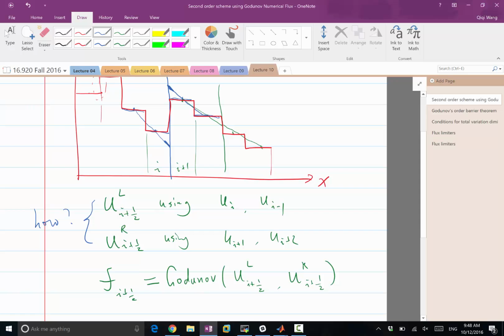Okay. The most obvious way of performing the reconstruction is a linear extrapolation. Linear extrapolation means looking at the value at these 2 cell averages and linearly extrapolating to here and linearly extrapolating to here. We can do that. Unfortunately, it is going to create the so-called Gibbs phenomenon.